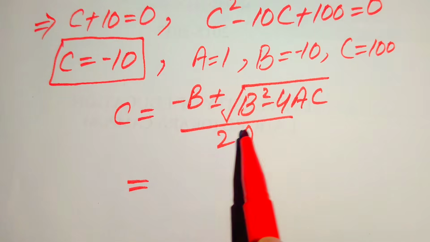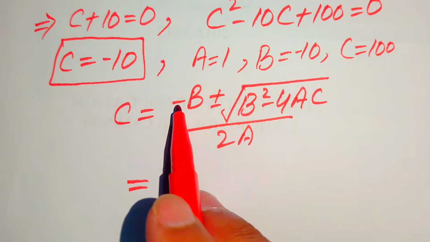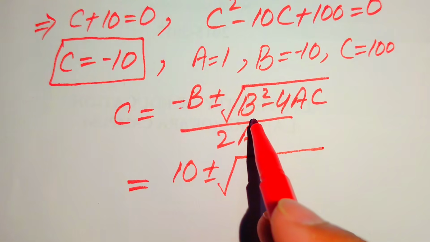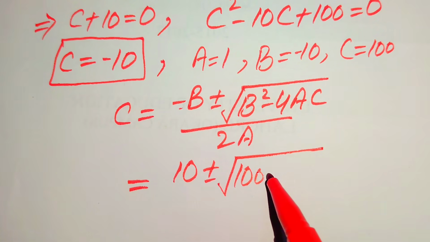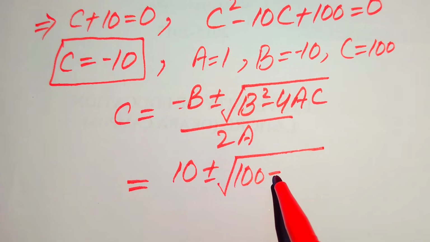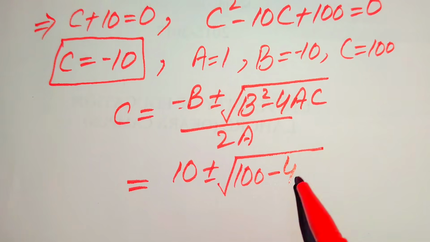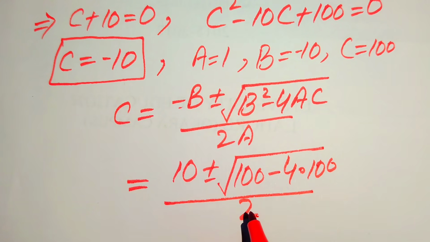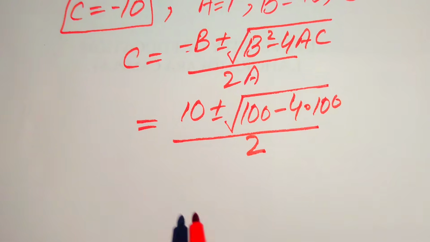We substitute all the values of a, b and c, and we get minus times minus becomes plus 10 plus minus square root of b squared, which becomes 100 because minus 10 squared is 100, and 4 times a is 1 and c is 100, divided by 2 times 1, which is 2.